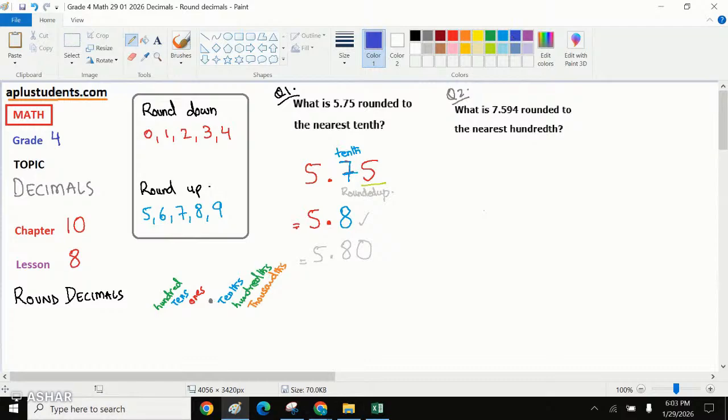I'll rewrite the number, 7.59 and 4. We have to look at the hundredths position. So 9 is in the hundredths position. Would 9 round up or round down? We know that 9 rounds up.